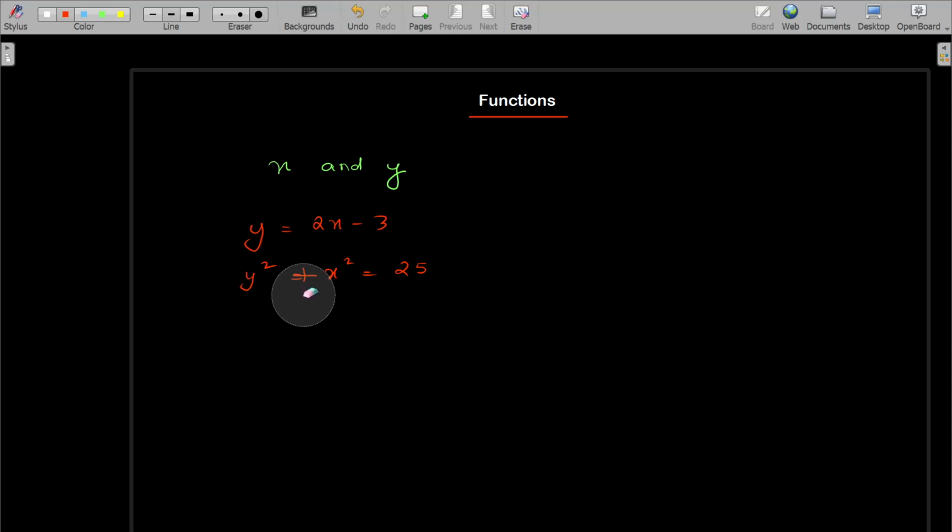Both of these equations represent relations between x and y. But not all relations are functions, and that's what we need to learn: which relation is a function.